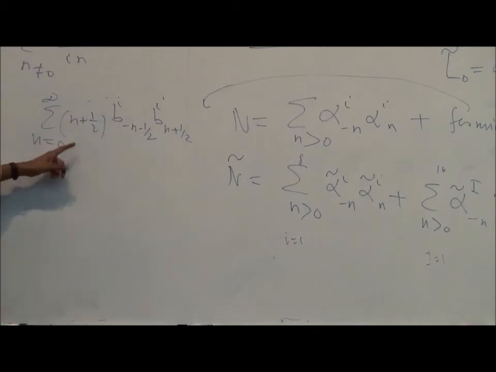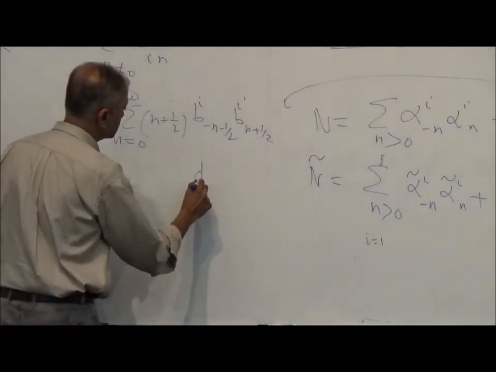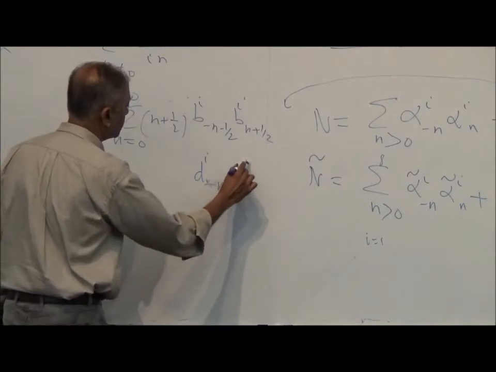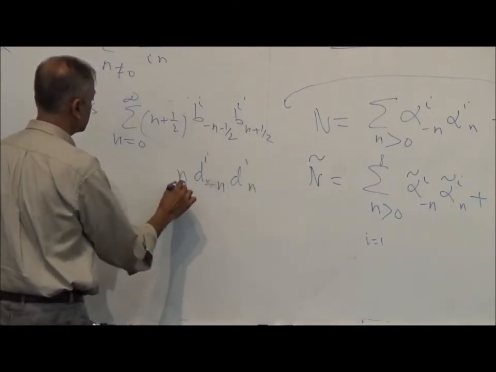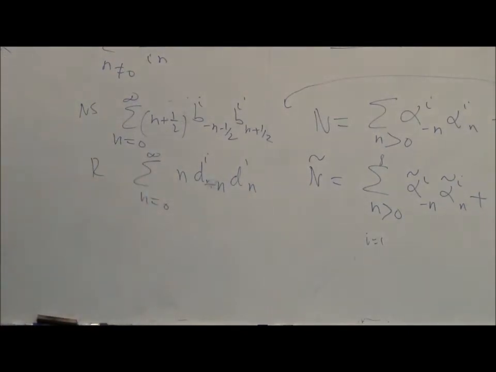That is for the Neveu-Schwarz sector, and in the Ramond sector there is no intercept, and it's simply ψ^i_{-n}. That's the standard fermionic string.